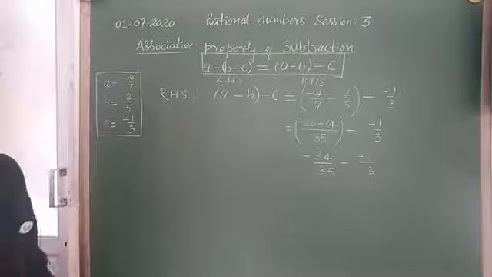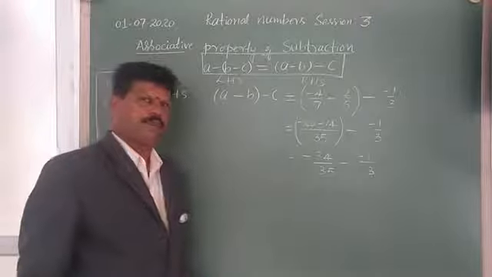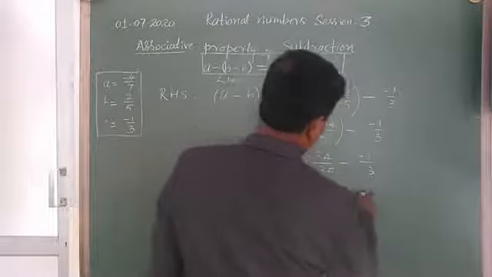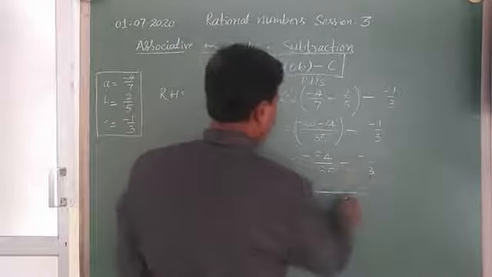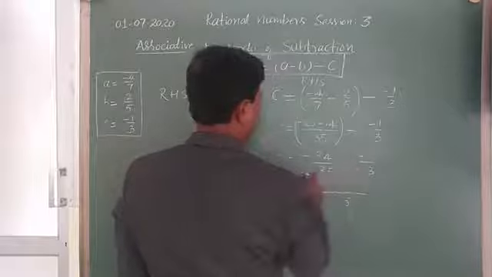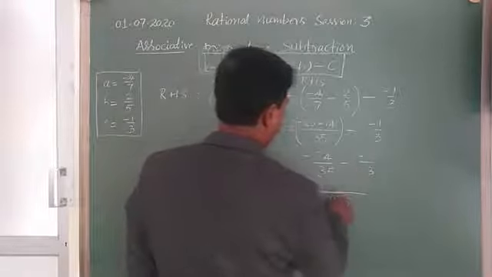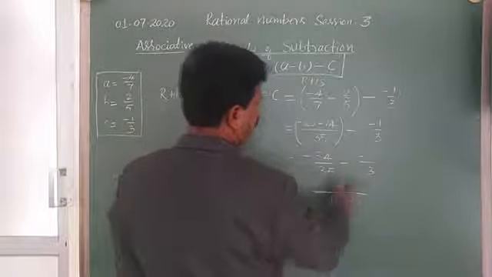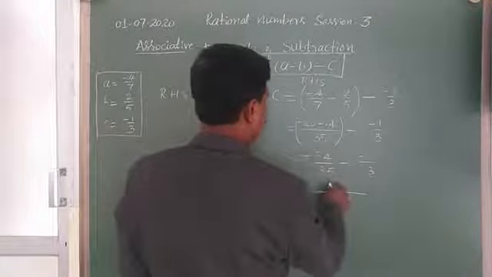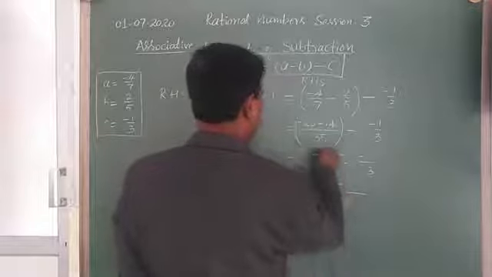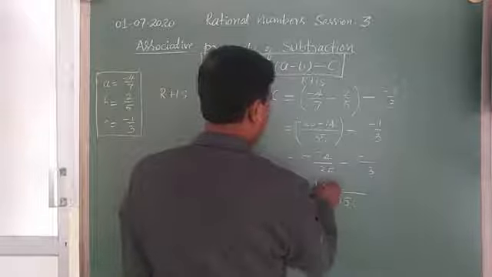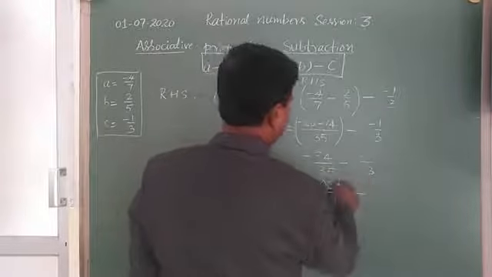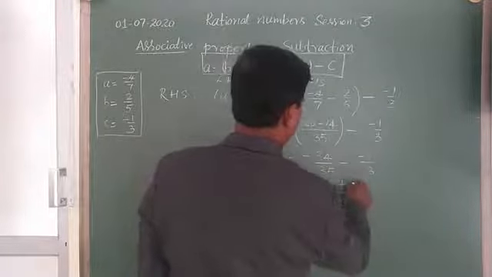Here minus 1 by 3. Now, does 3 divide 35? No, no. So take the LCM as the product. 3 fives are 15, 3 threes are 9, plus 1, so 105. Now, 35 divides 105 three times. 3 into 34 is 102, minus, and minus into minus is plus, 35 ones are 35.